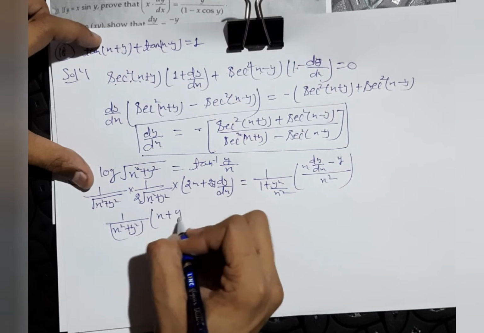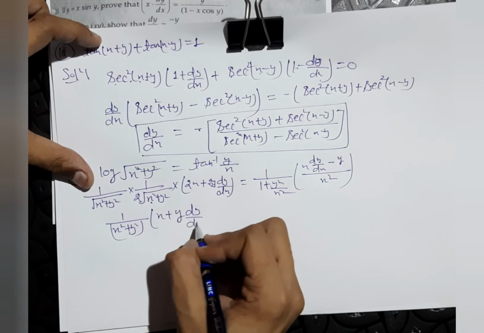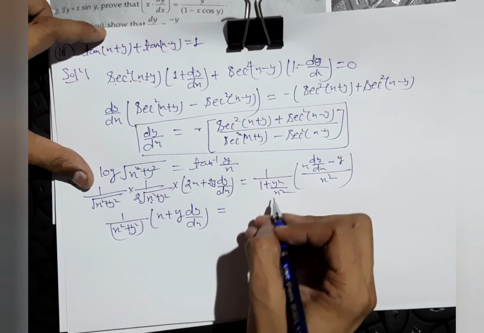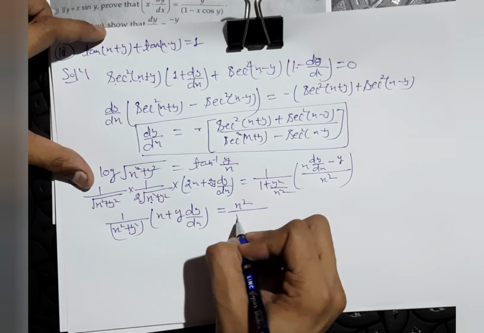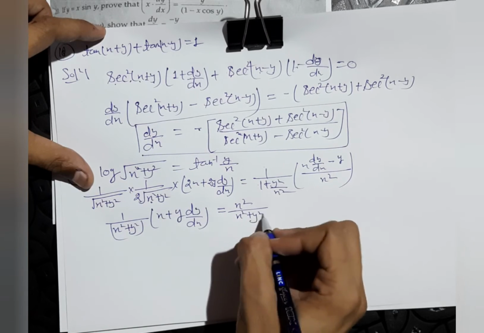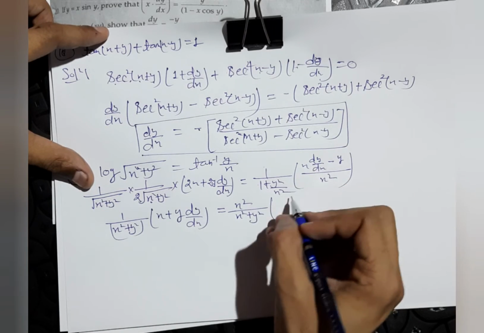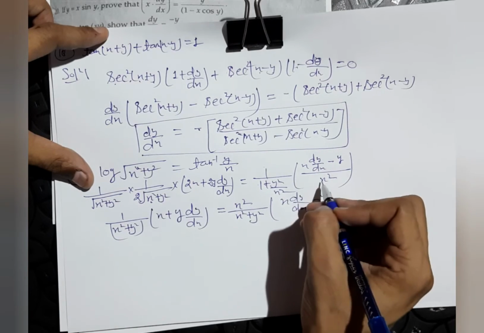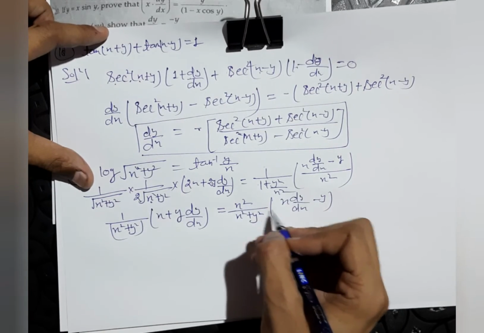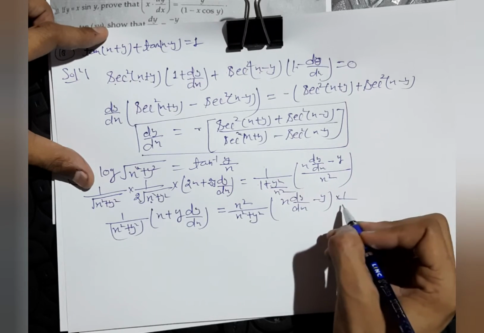So this is (x plus y dy over dx) over x square plus y square, equals, with x square in the product of the numerator, x times dy over dx minus y, and I am taking this x square here.